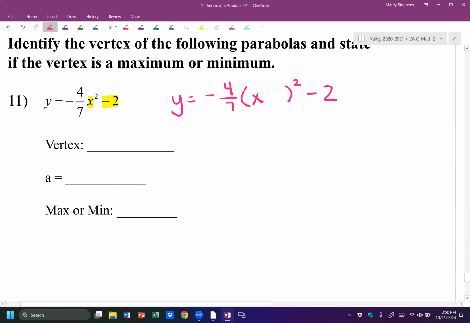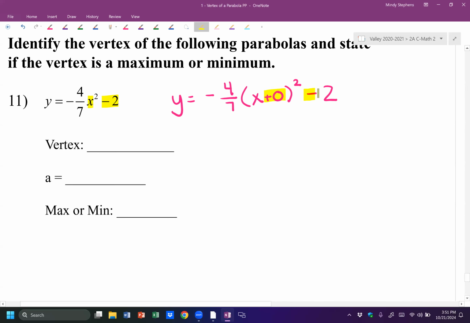So you'll see that what we're missing is the number in the parentheses. Just like above on the last two questions, if you have something missing inside the parentheses or outside, you're going to put a plus 0 in that spot. So if anything's missing, and if you will rewrite it, I want you to write this down. So write this on your paper. This is what the equation would look like. That will make it easier for you to find the vertex.